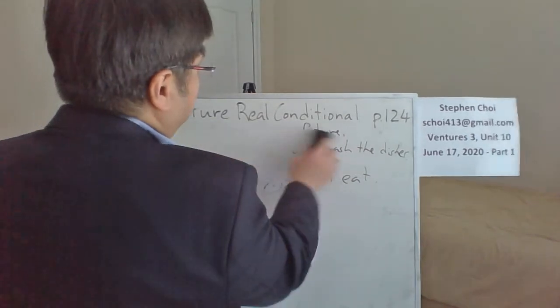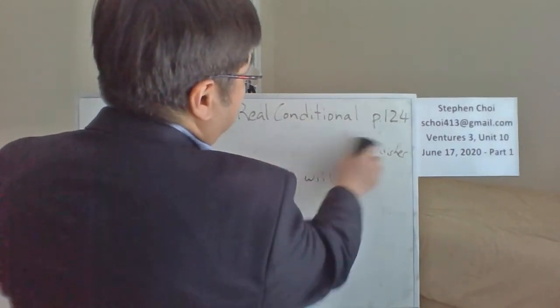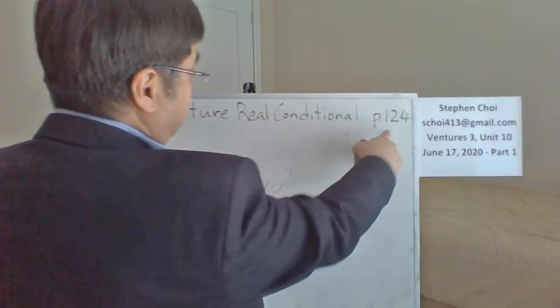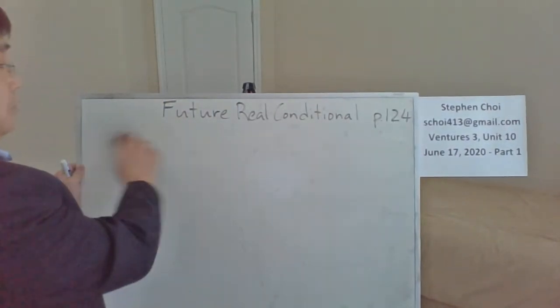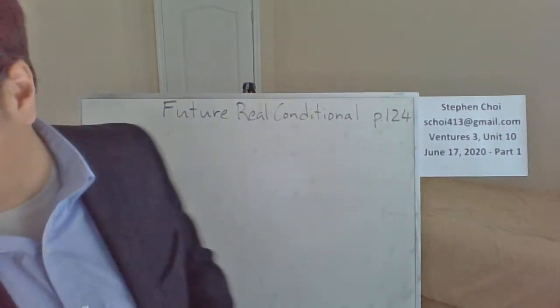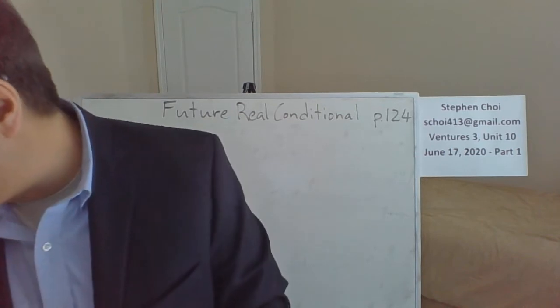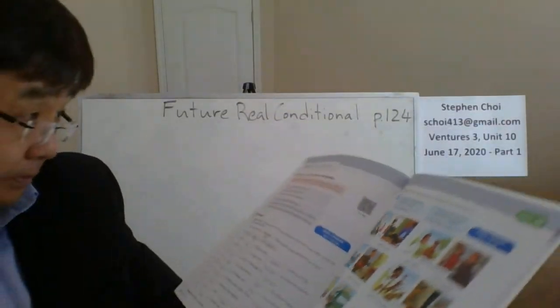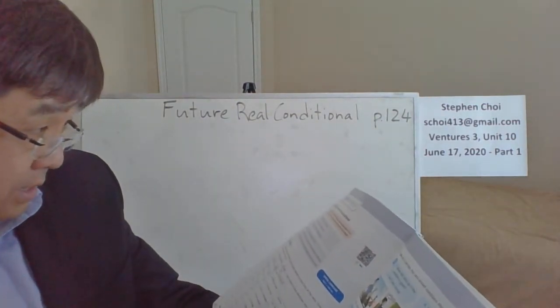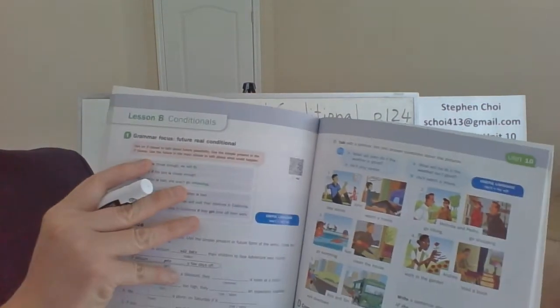All right, so let's go to the book. Let's go to page 124. Okay, so we're on page 124 right there, and we're gonna do this. By the way, let me just read this little section in the box.